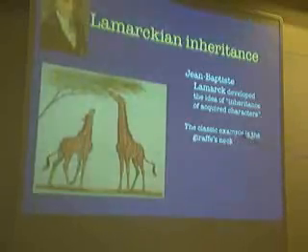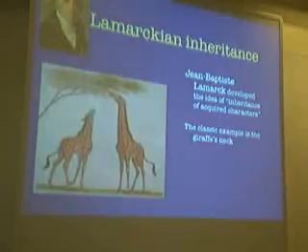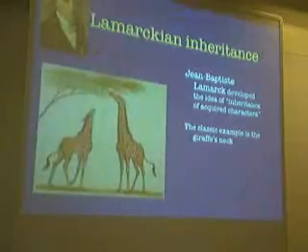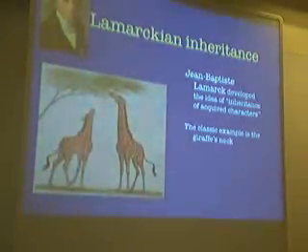But I guess the classic example of how this operates then is the giraffe's neck. So if you imagine you had these short giraffes here once upon a time that were stretching out to try and reach leaves up on the high branches of trees. Over the course of their lifetime there would be stress on their muscles and so on, and they would have an effect on perhaps the length of the neck.